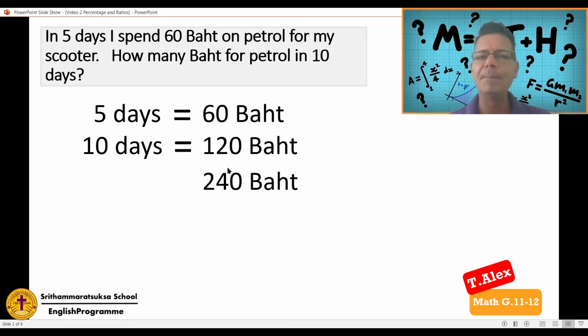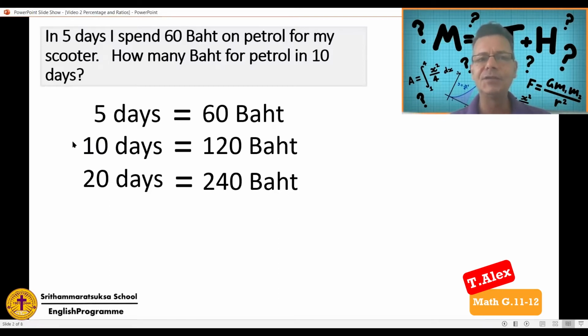Okay, now what about from the other side of the equation? If I tell you I have 240 baht, how many days will that last for my petrol? 240 is 2 times 120, so I hope you guessed 20 days.